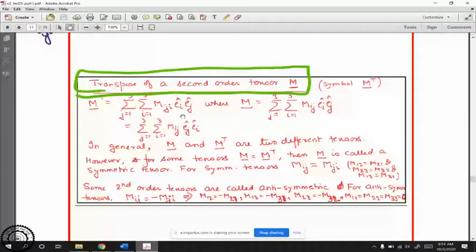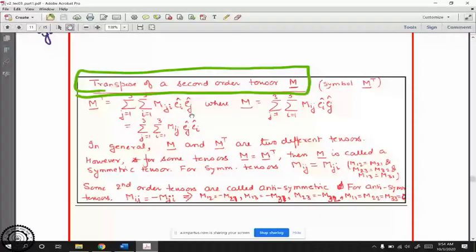You keep the unit dyad indices in the same order as before, and you change the order of indices in M. So that represents the transpose. And the transpose is not necessarily the same as M. Again, there may be some conditions in which M and M transpose are the same, but in general, they are not. So Mji Ei Ej is not the same as this.